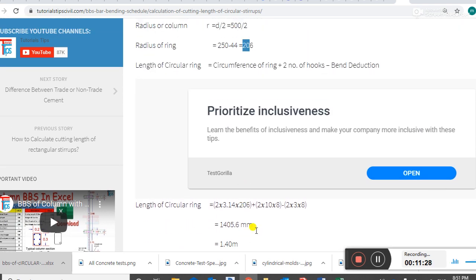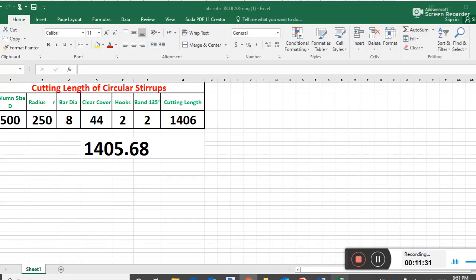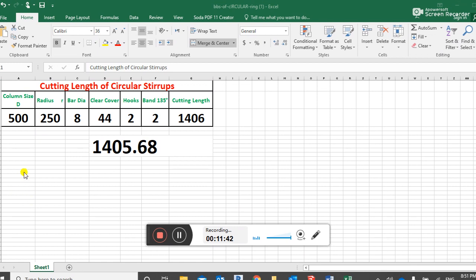Guys, this was the full calculation of the BBS for the circular stirrups. This is the Excel file for circular stirrups. Column size diameter is 500 millimeter. The radius r is 250, the diameter divided by 2.